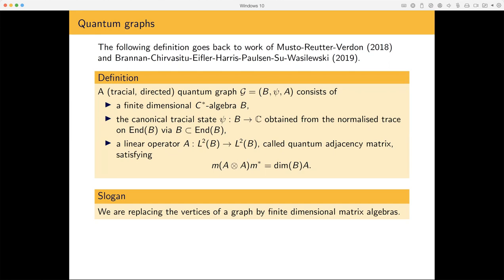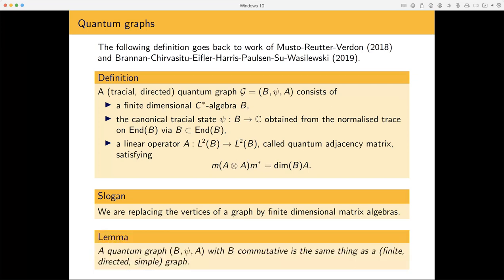Later on we will allow this state to vary. We'll allow other states as well. But for the time being, there is no extra data here, just the algebra and this operator. So maybe this is confusing here. Yeah, but in principle, one could take any faithful state, and one could call this a quantum graph. Any other questions?